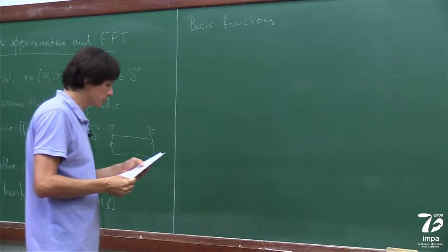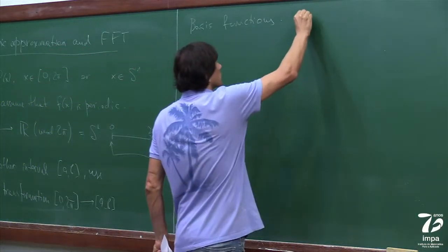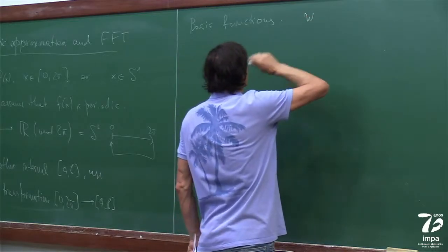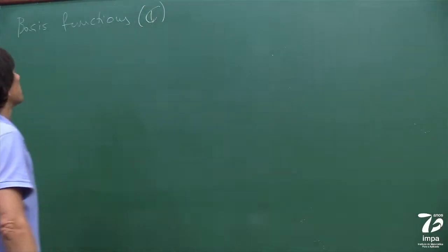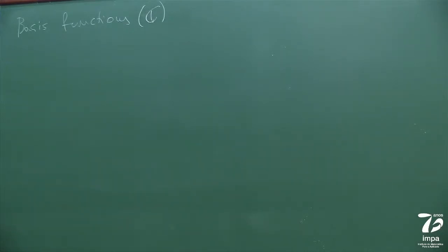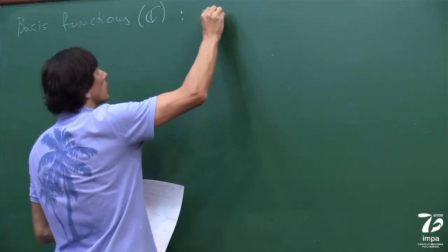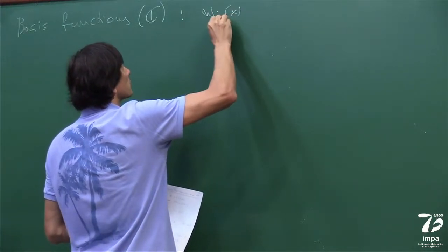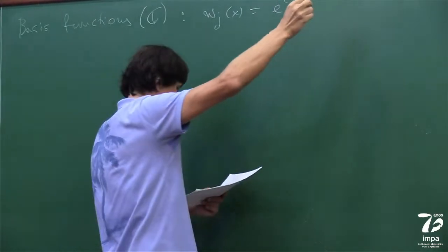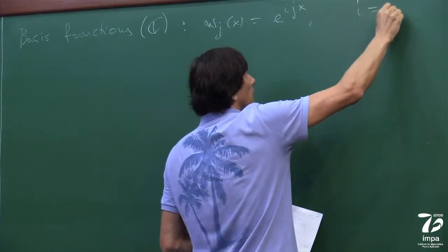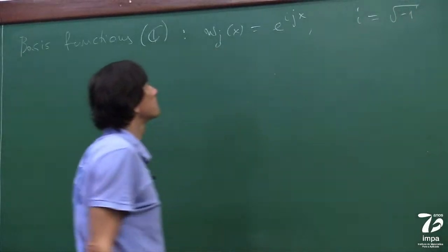We will take a complex version of the Fourier analysis, so the basis functions are exponents. W_j of x is exponent of i j x, where i is the imaginary unit.